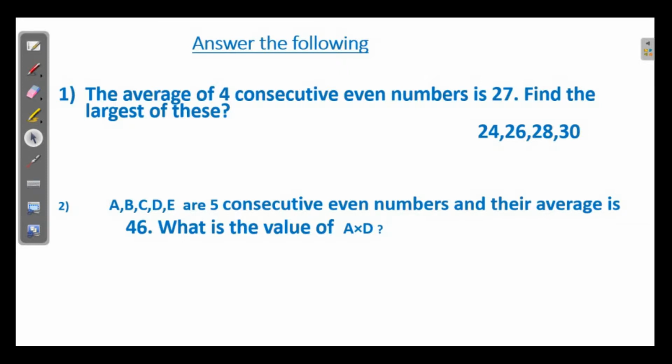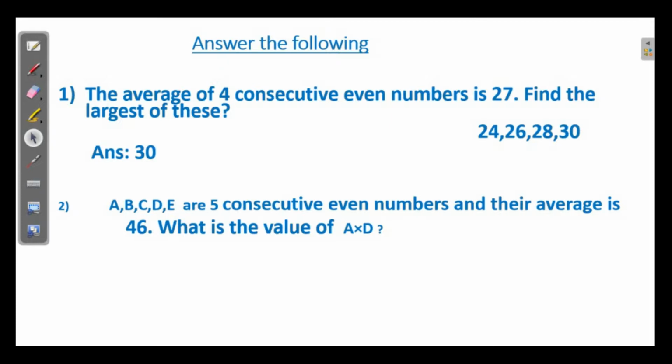So, we can write the even numbers are 26 and 28 first. Then, the other two numbers 24 and 30. And which is the largest of these? 30. Answer is 30. A, B, C, D, E are 5 consecutive even numbers and their average is 46.